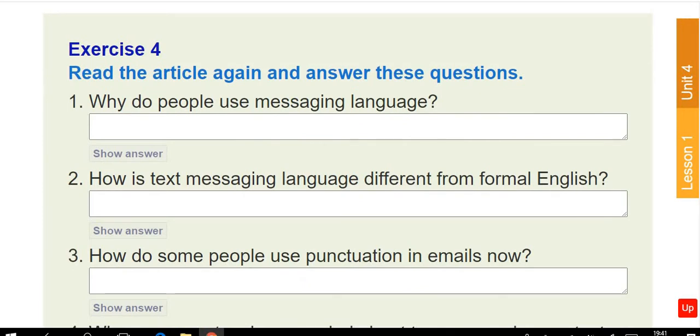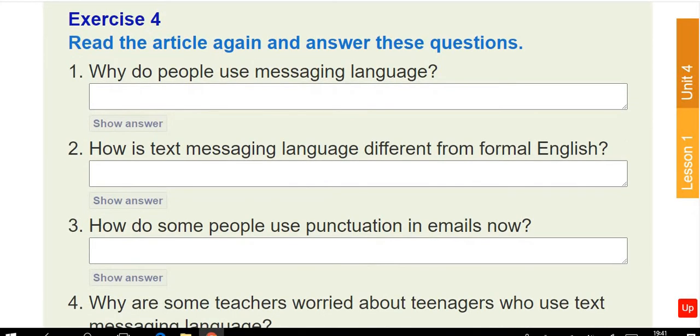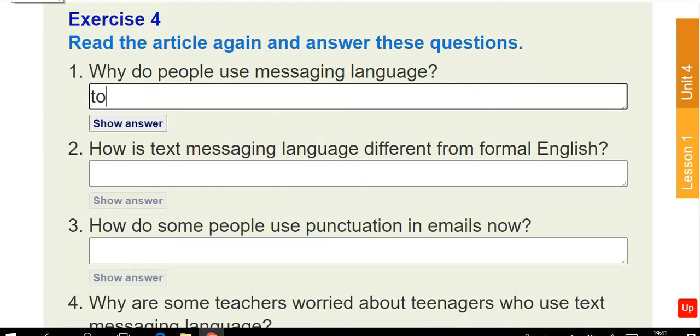Now, let us read the article again and answer these questions. Why do people use messaging language? Yes, to communicate easier.